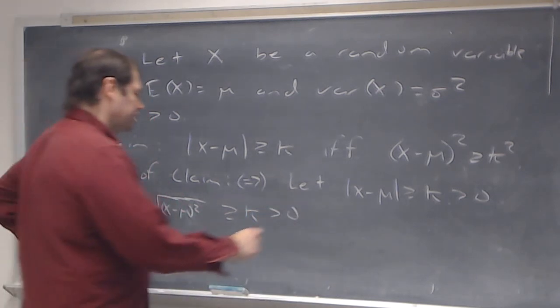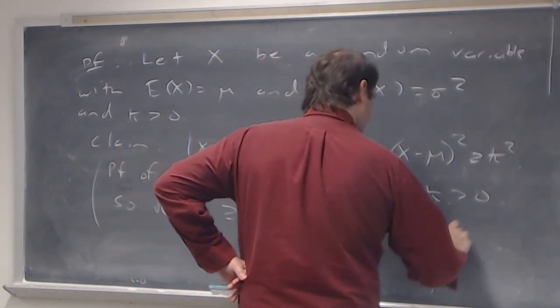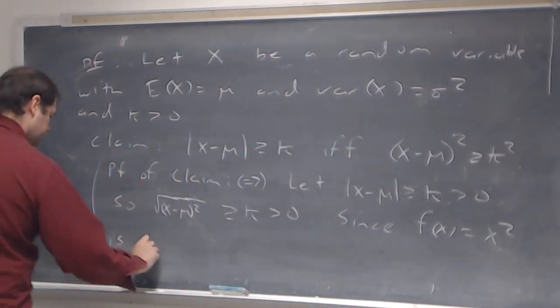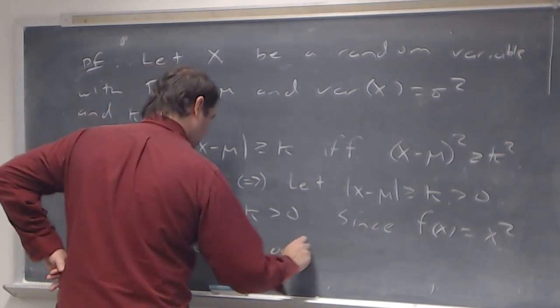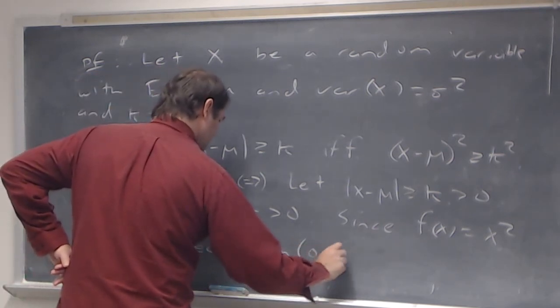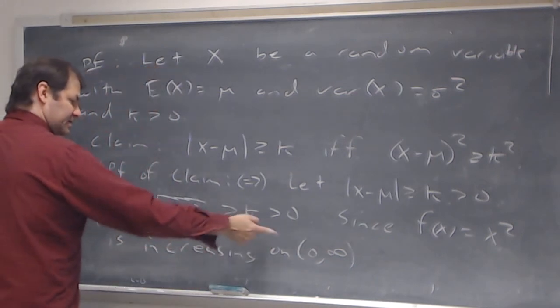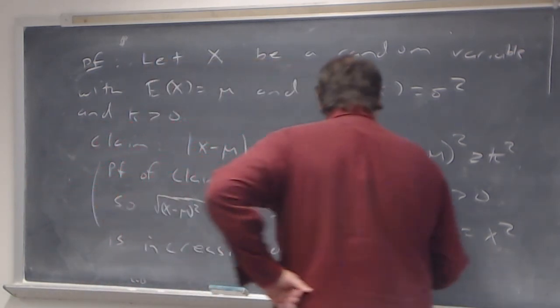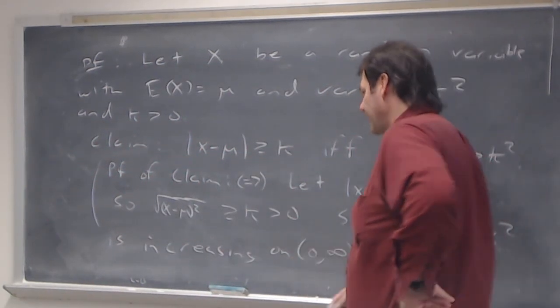Now, since f of x equals x squared is increasing on 0 to infinity, and both sides are in 0 to infinity, if we apply f to that, it will maintain the inequality.